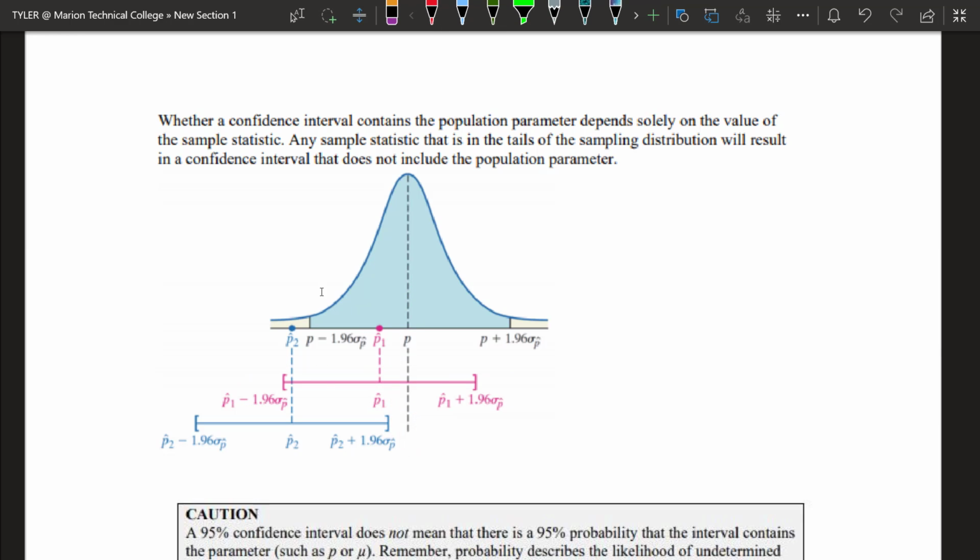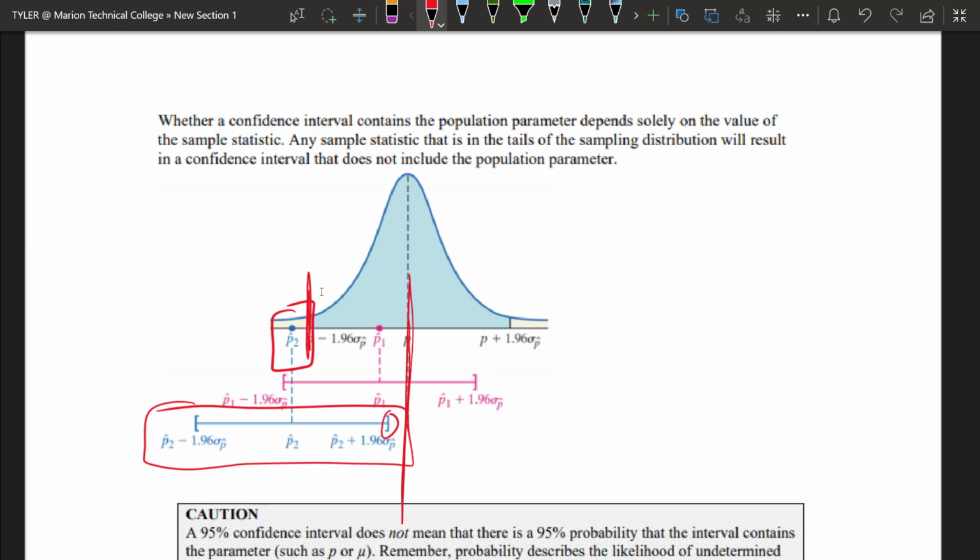Whereas if you look at the value in blue, that's p hat sub 2, right? Notice this is in the tail. It's past the cutoff to be within the 95%. So if you look at the confidence interval for that p hat, where we're adding and subtracting a margin of error, the biggest value doesn't cover P, right?